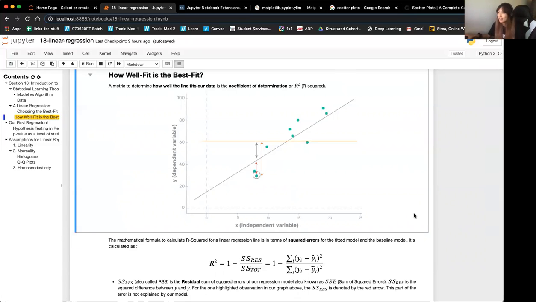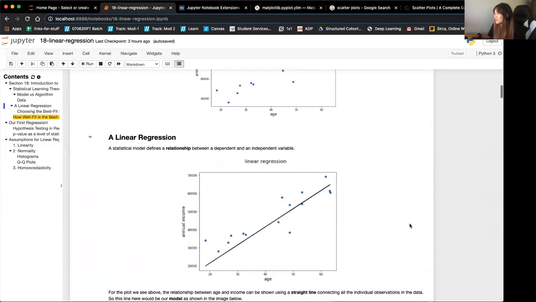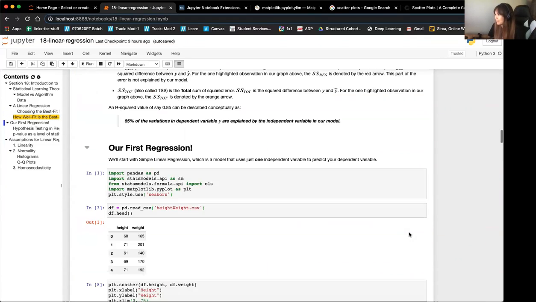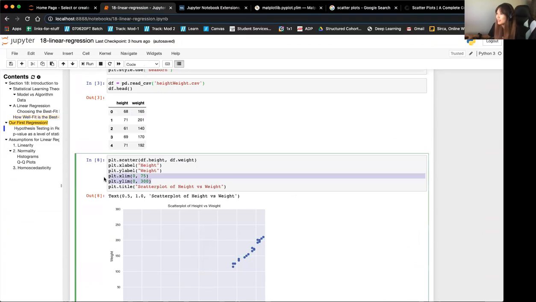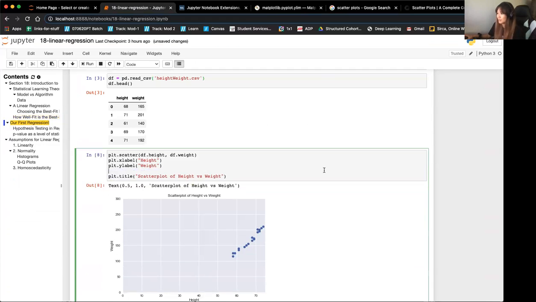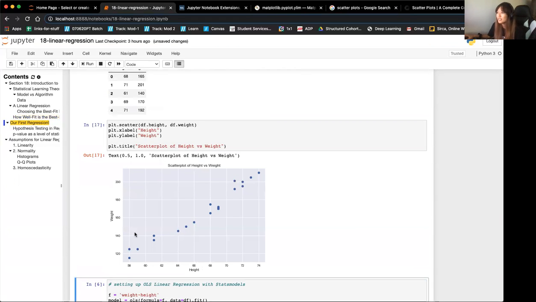So basically, let me pick up an example. Let's use this one. Let's make it a little clearer. Let's say I build this model to predict weight using height.